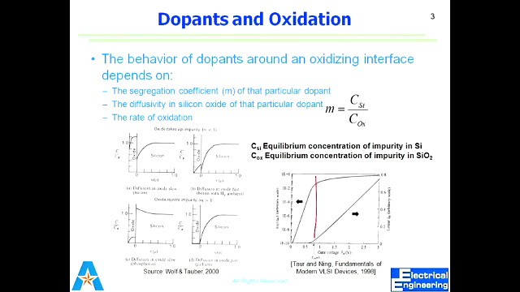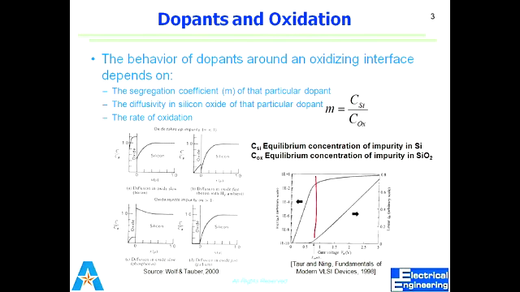This is the total thickness now. So the silicon and silicon dioxide interface also changes, and the rate with which that interface is moving also contributes towards the redistribution, because a faster rate means a faster consumption of silicon.